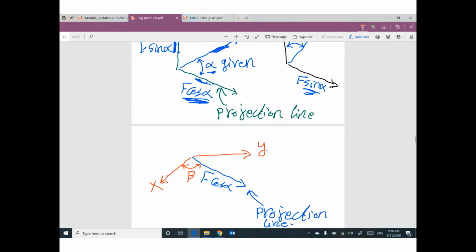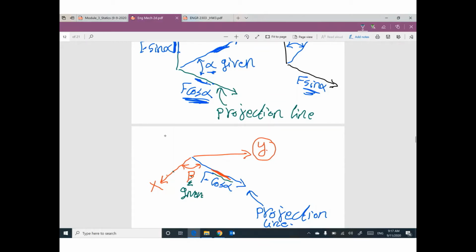The situation right now, I would like to break this projection line between the y-axis and the x-axis. Anybody can tell me which one will be cosine and which will be sine beta? Beta is given. So the adjacent component for beta will be cosine beta. So we have this force, how much?